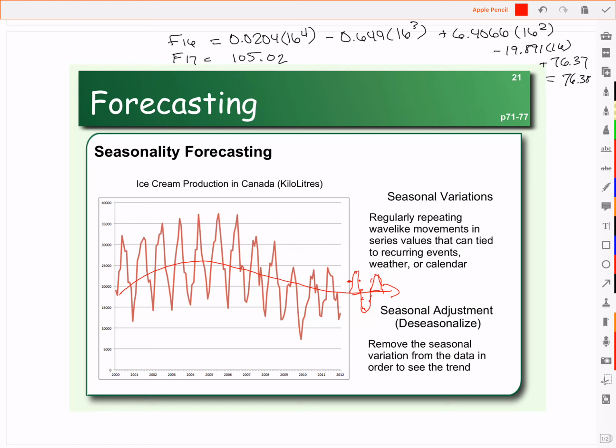Now, some other examples of industries that would experience seasonality. Well, we see seasonality in retail, right? We buy more at certain times of the year, like Christmas. We see more in terms of seasonality in terms of utilities, like residential gas. So we heat our houses more in one time of the year versus the other. We see this in retail, besides just Christmas being increased sales, but you can also see this variability within a day.